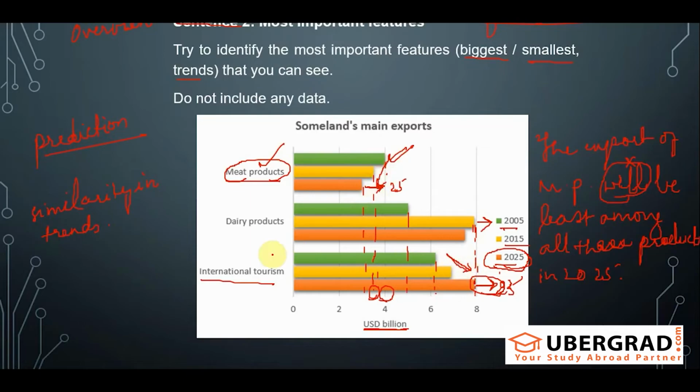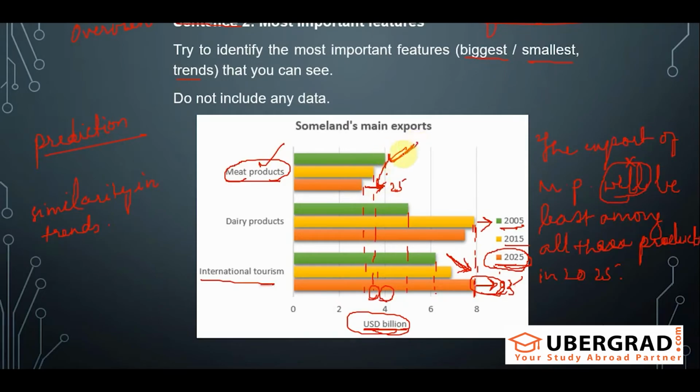It increased, you can say that international tourism was the least in the year 2005, but it experienced gradual increase until the year 2025. It is predicted that it will reach the maximum by the year 2025 at $8 billion. Whereas the meat products went on decreasing, the consumption of meat went on decreasing, due to which the possible revenue also plummeted in the subsequent years.